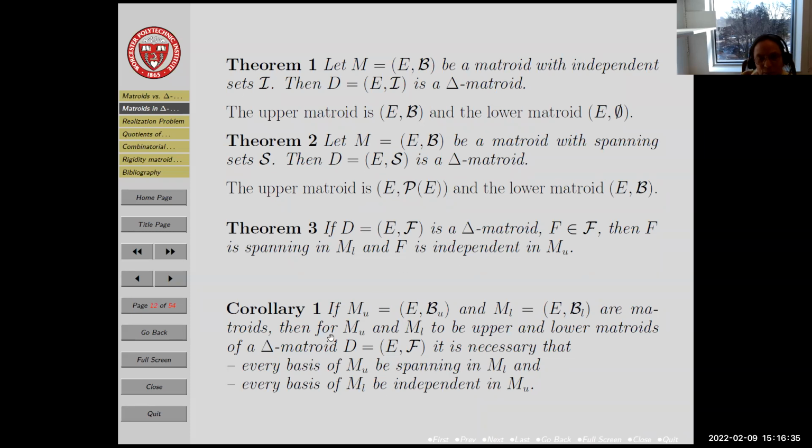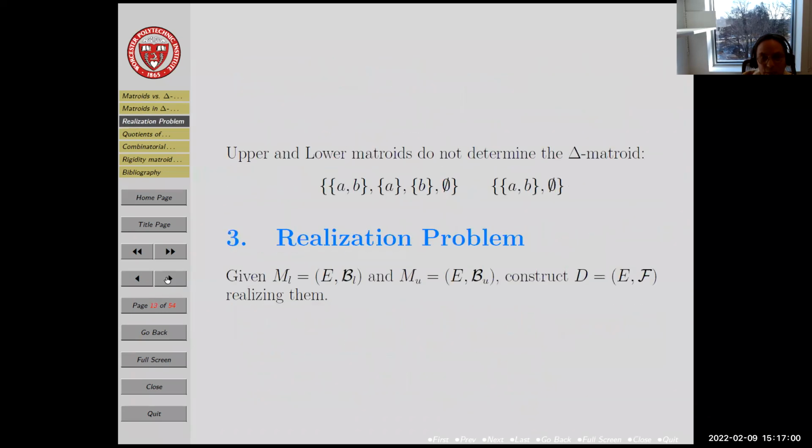So one could think of, if I have two matroids, an upper matroid and a lower matroid, and I ensure that every basis of the upper matroid is spanning in the lower one, and every basis of the lower matroid is actually independent in the upper matroid, can I then construct a delta-matroid with those two matroids in mind?